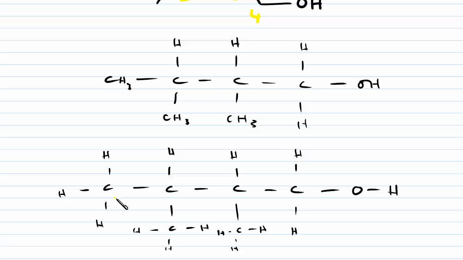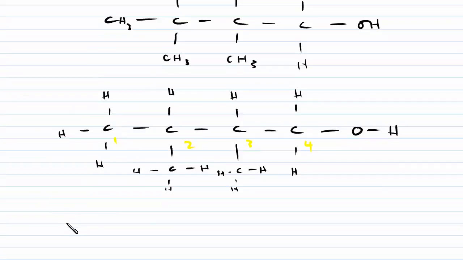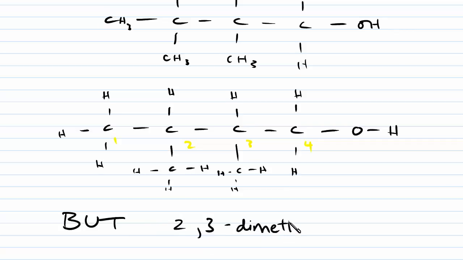So our longest chain is 1, 2, 3, 4 carbons. So we know that we're going to have a stem that is but. Now, have we got any groups on here? Well, yes, on our second and third carbon we have methyl groups. So that would be 2, 3 dimethyl.